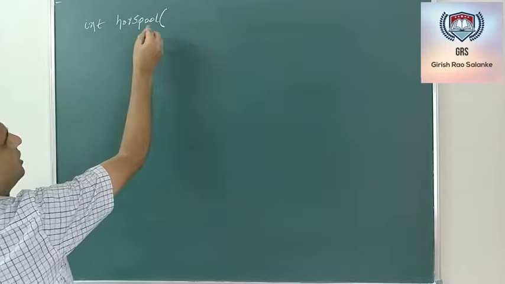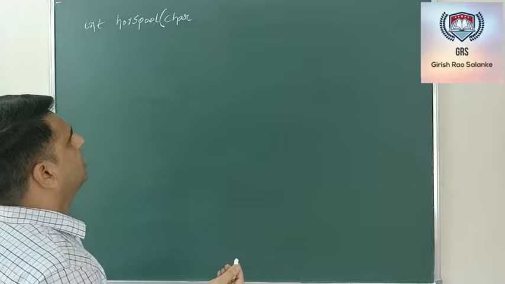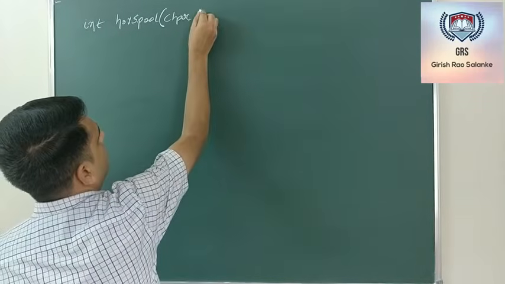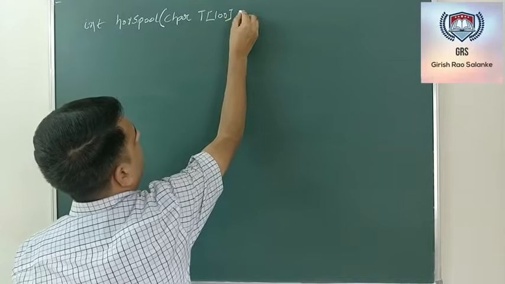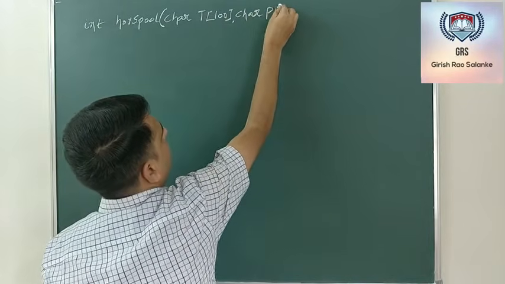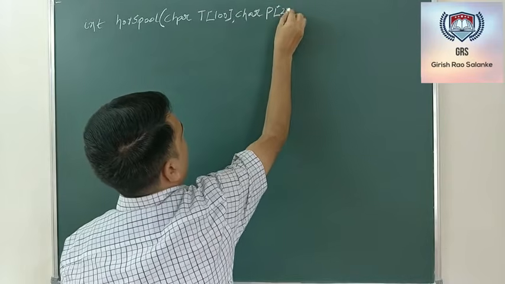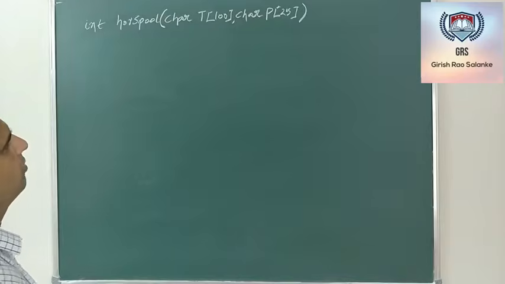Our inputs are the text and the pattern. Let the text be denoted with T of some size 100, and the second input is the pattern, denoted with P of some size 25.